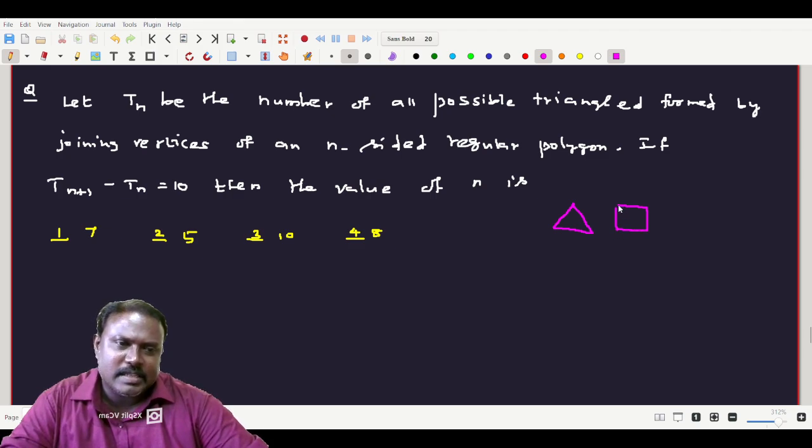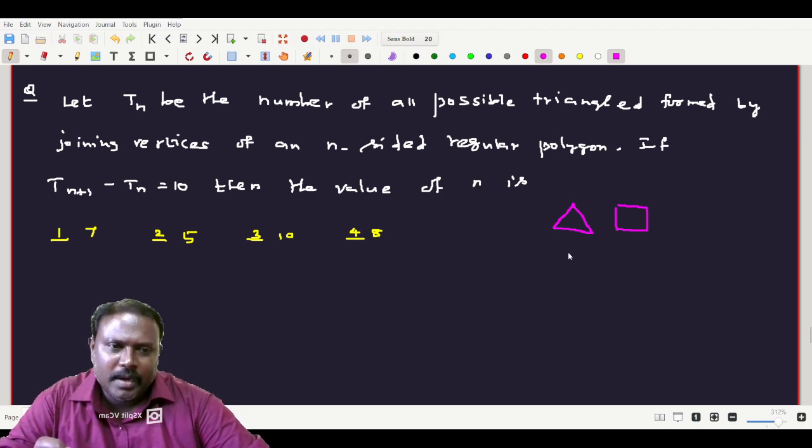Here all the sides are equal. This is a four-sided regular polygon. In the four-sided regular polygon, 4 vertices are there. In the three-sided regular polygon, 3 vertices are there. So in general, on an n-sided regular polygon, n vertices will be there. This is your first point.